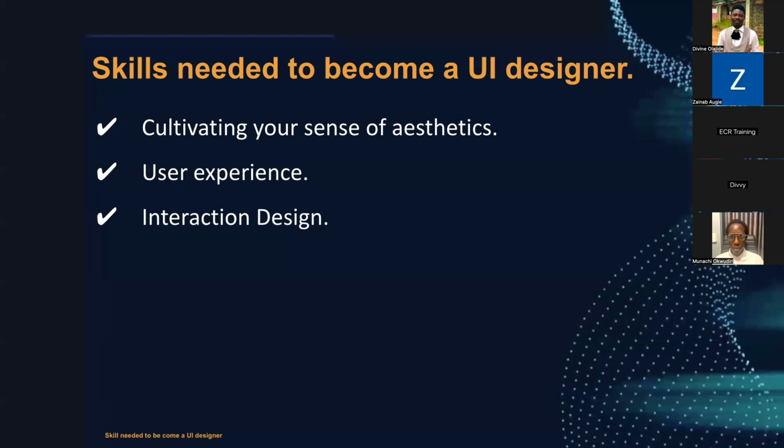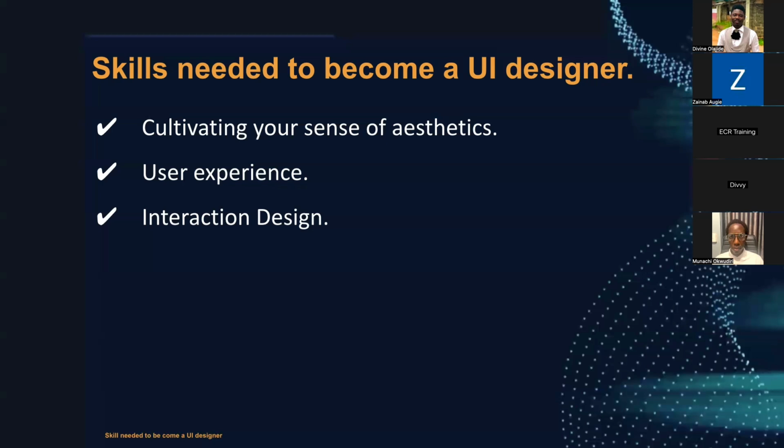So all you need is to cultivate a habit of doing something again and again and again. You need to have a skill of user experience, which we all have. What is user experience? It is if you're able to match these colors together, if you're able to arrange your kitchen and know where to keep your sugar, know where to keep your milk, if you're able to arrange your trolley, then we have this experience you're talking about.